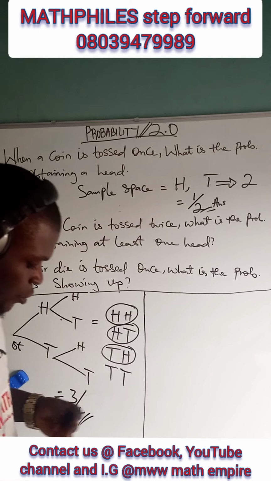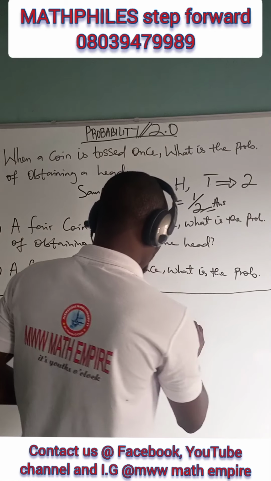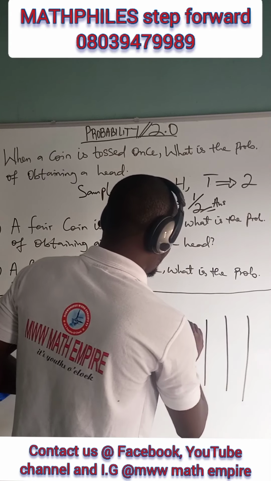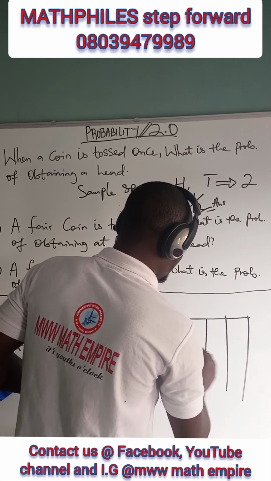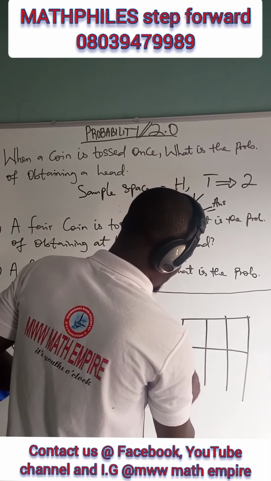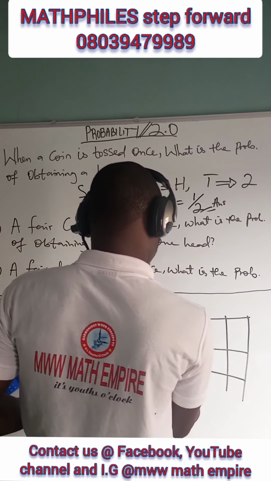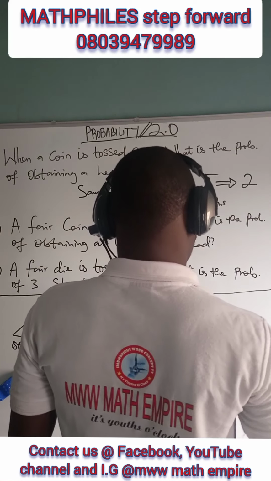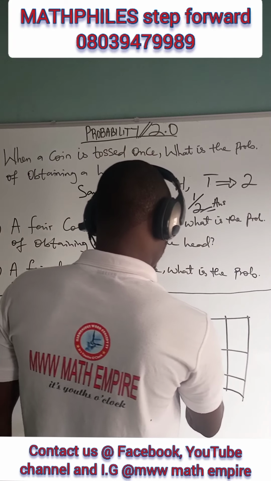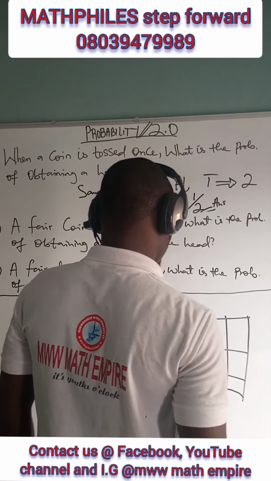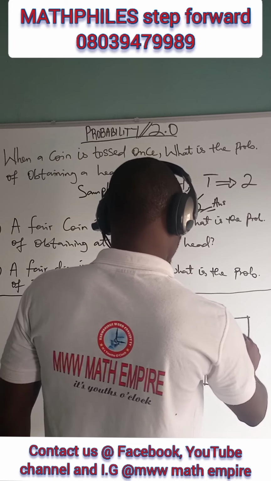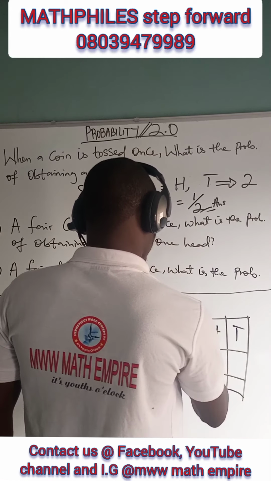Now let us move to the table. If you prefer to use a table, you can use this one. It all depends on your choice. So now we have a head and a tail, a head and also a tail.